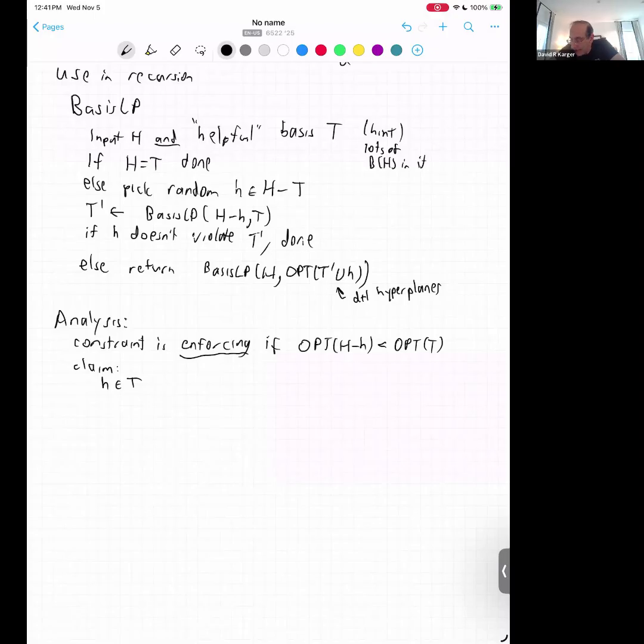Why is that? So looking at the definition of enforcing, what happens if you throw away a constraint of H that is not in T? Well, that means that all of T is still part of your hyperplanes. So if all of T is still part of your hyperplanes, what does that mean?